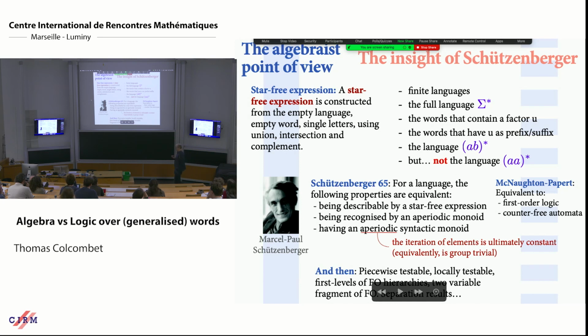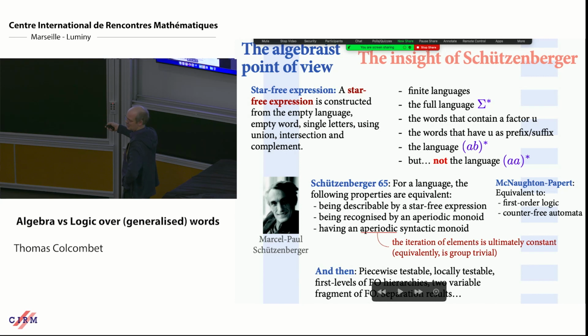Okay, and this first result was the origin point of a long line of research with many other families different from star-free expressions, like piecewise testable languages, locally testable, and so on. Even the first-order hierarchy, you can try to decide its first level, which you could say is the number of negations that you use in a formula in a nested way.